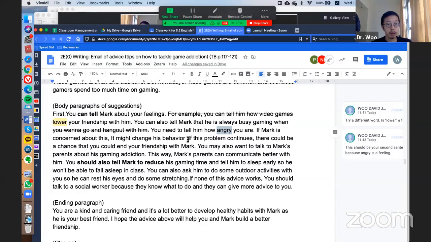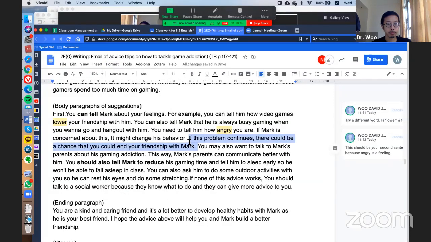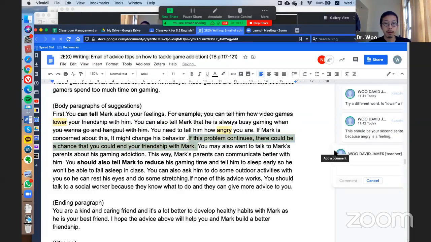Okay, that's good. I'm not sure this statement is appropriate in this paragraph.